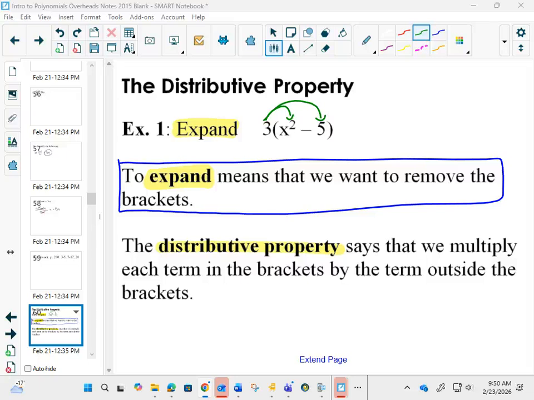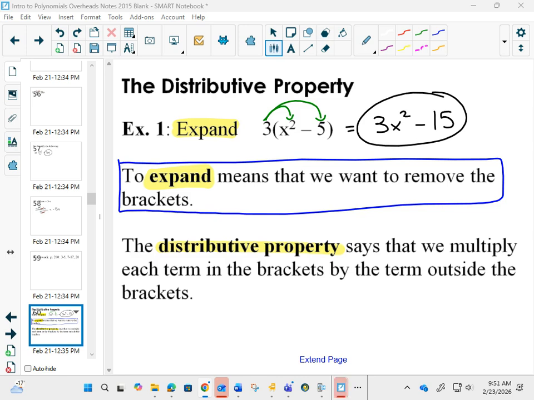The distributive property here says that 3 goes to each thing. And the answer, well, what do I get if I do 3 times x squared? Well, that's just smush it together, 3x squared. What would happen if I did 3 times a negative 5? Negative 15. And this is expanded.